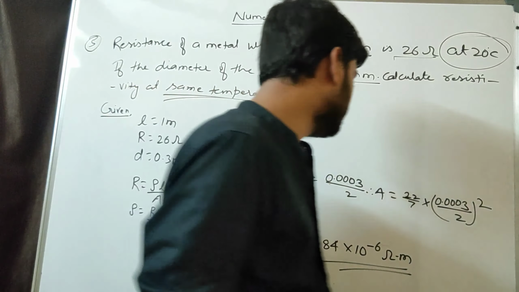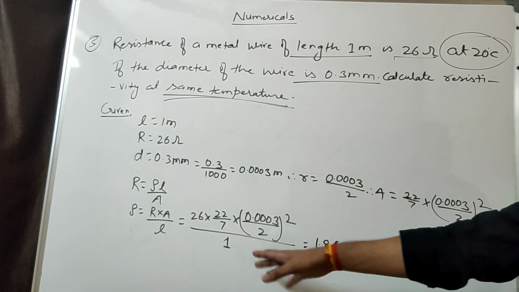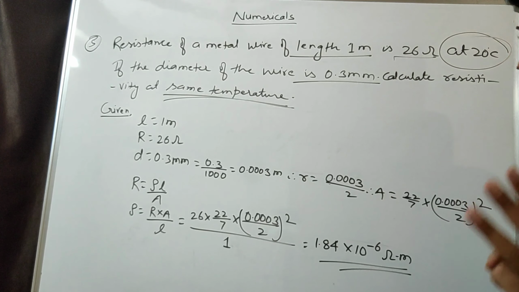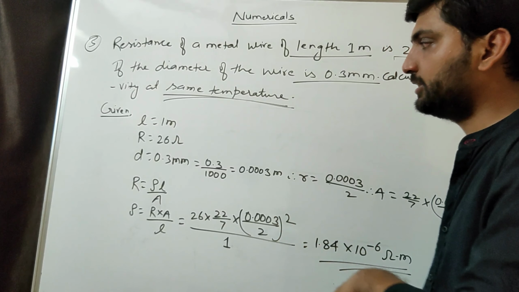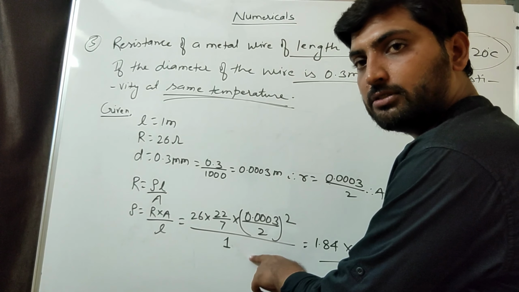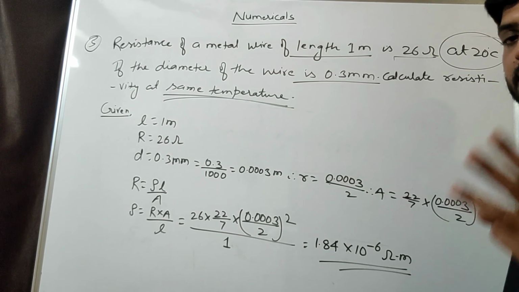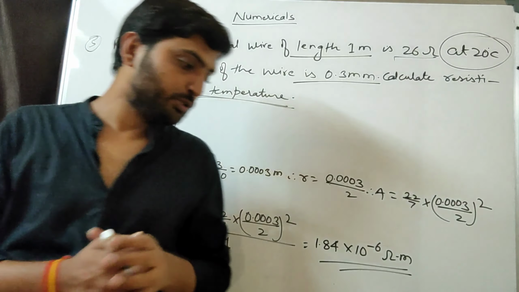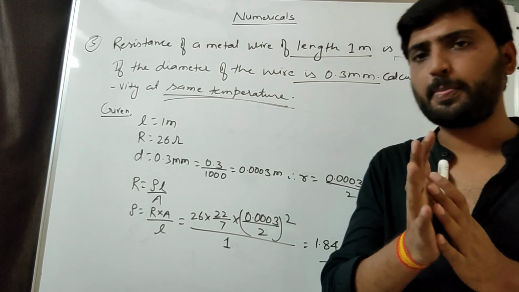So what is your homework today? You have to solve these calculations. You have to do 3 such calculations: the previous one and this one. This one is only one calculation, and in the previous question there are 2 such calculations. So we have covered all the numericals.